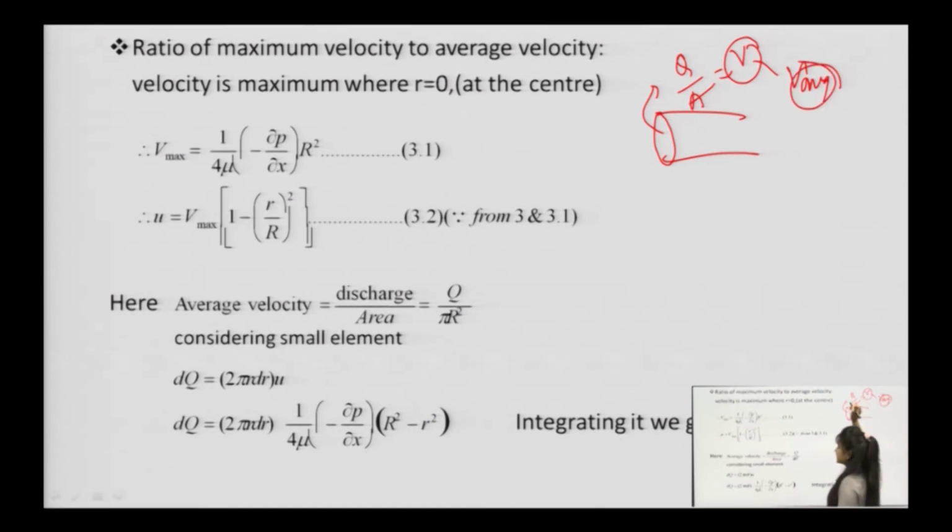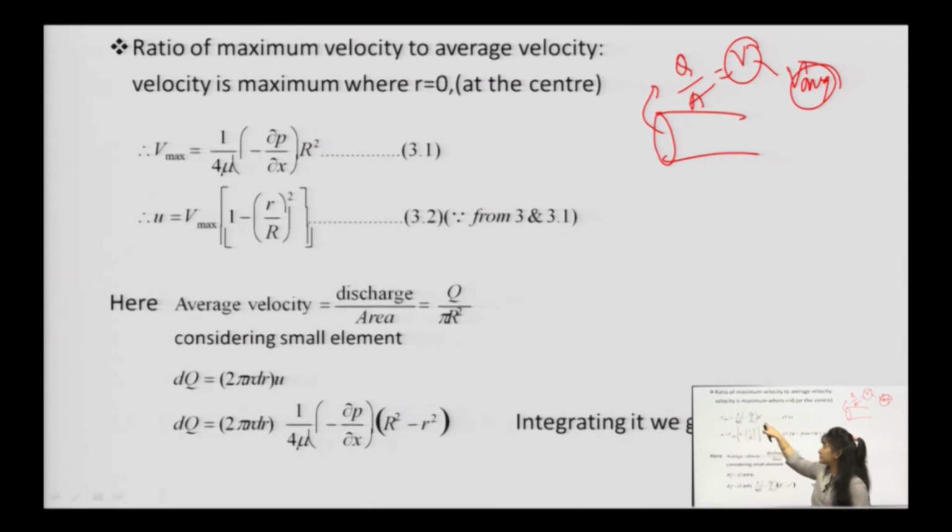Now, if we have V average, how is it possible for us to calculate the maximum velocity obtained in the pipe having diameter d or whatever diameter you have? For that, we calculate V max.